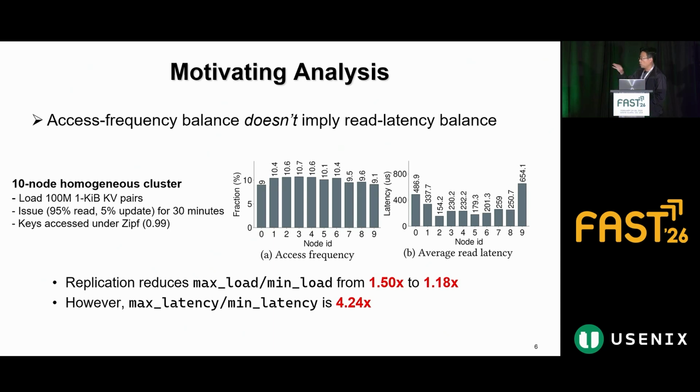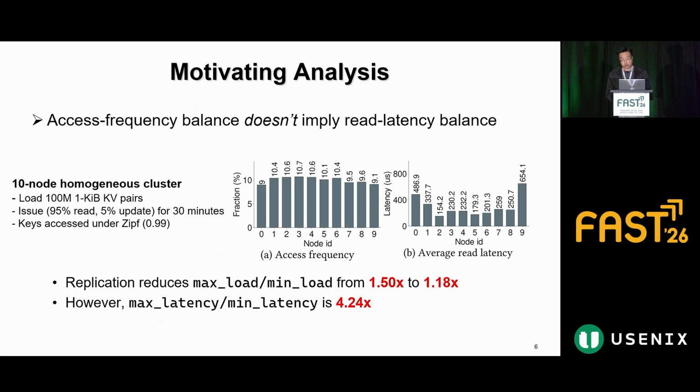Now, even though we apply replication and we deploy the default load balancing technique in Cassandra, which is called dynamic snitching, it can reduce the variations between the nodes. It can reduce the distribution of loads. If you see the max load divided by the min load, we can reduce this using replication.